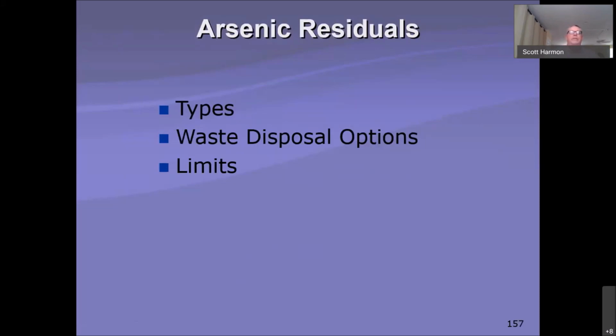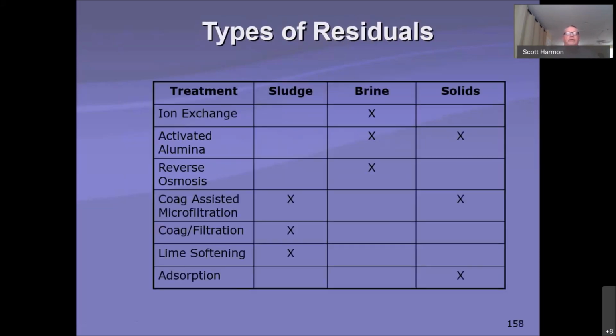to those options. So here's the different types of residuals that are created by the use of the different treatment processes that we can choose from. If you go down the left-hand column, there's the different types and the type of residual that it's going to create. So for the first three of the slides, or excuse me, the first three options for treatment are going to have either brines or solids.